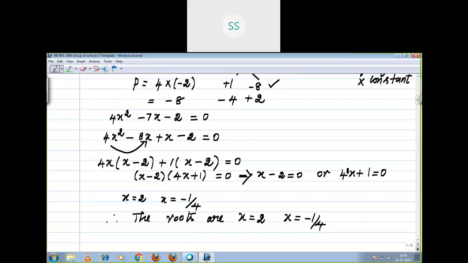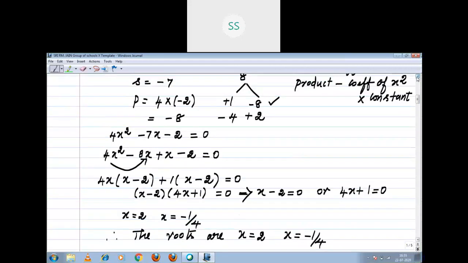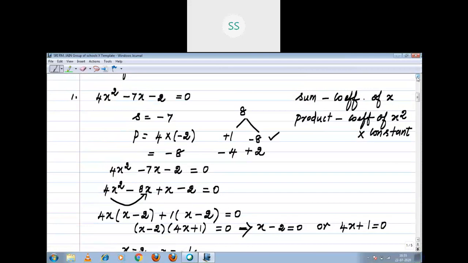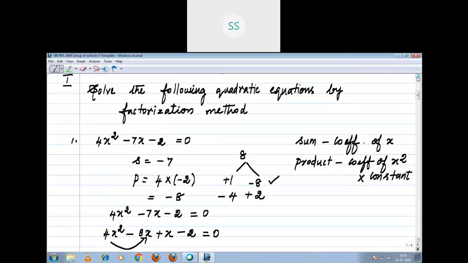Again, I repeat, you listen carefully. It is a different concept, right? How many times you want, I will explain. I have no issue to explain, right? See, first, sum. Sum means coefficient of x. Product means coefficient of x square into constant, that I wrote. Next, the coefficient of x alone, I am going to split and write.